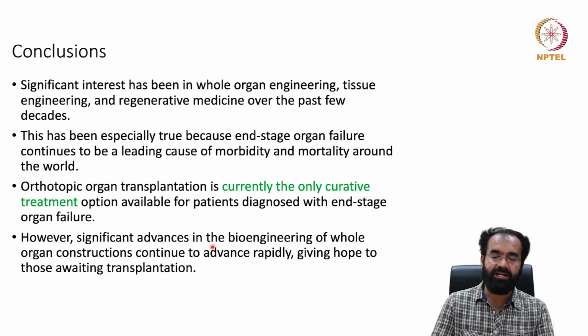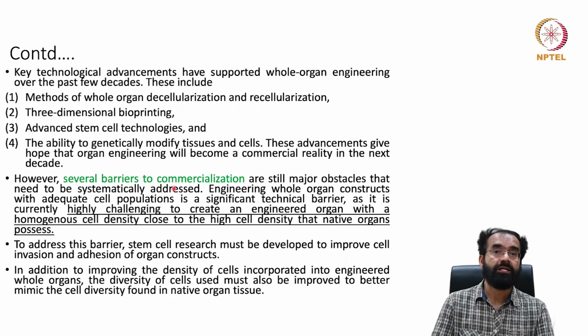However, significant advances in bioengineering of whole organ constructs continue to advance rapidly, giving hope to those waiting for a transplantation. If you look further, key technological advancements have supported whole organ engineering over the past few decades.